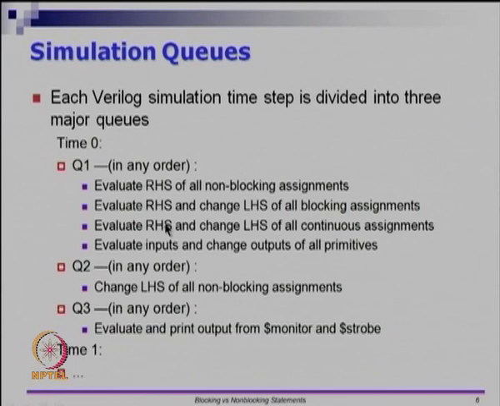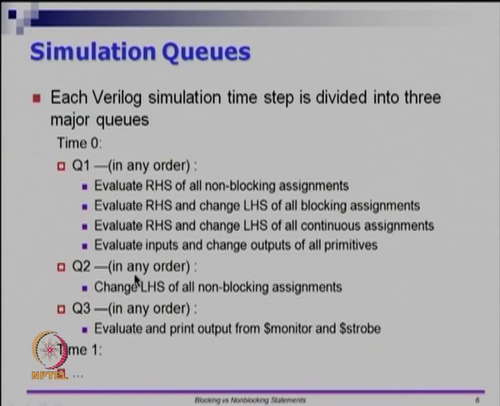Once this is all over, then you go to Q2, which is the second micro step. At this point all the non-blocking assignments will get their left side changed, and finally any display or monitor or strobe statements will print the values. So Q3 is only for printing.